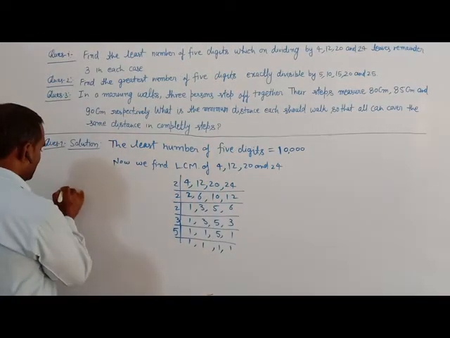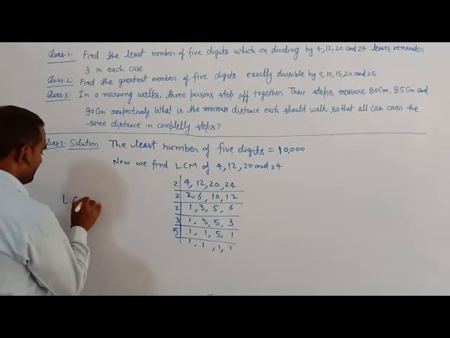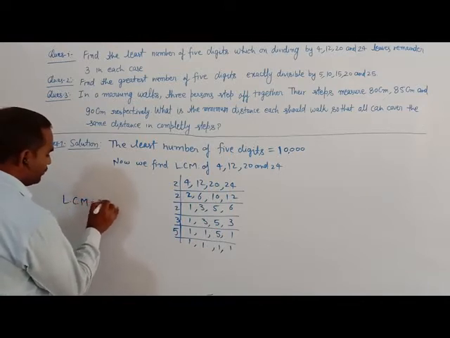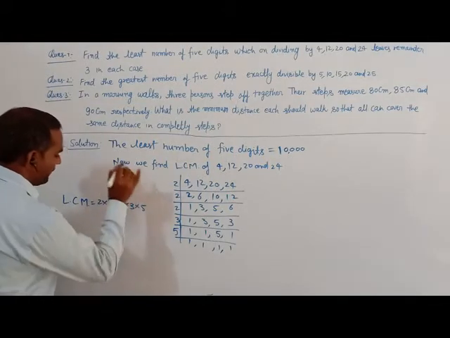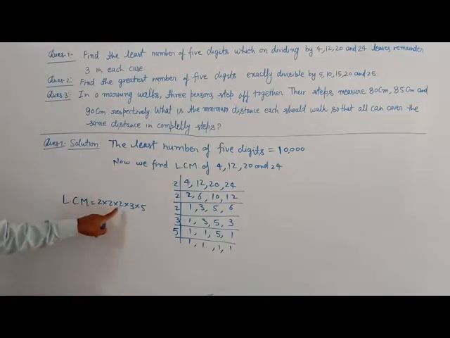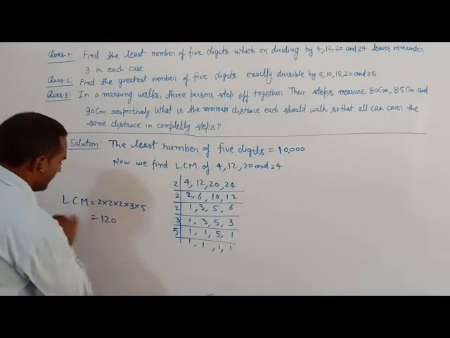LCM is equal to 2 into 2 into 2 into 3 into 5. 2 2s are 4, 2 4s are 8, 8 3s are 24, 24 5s are 120.